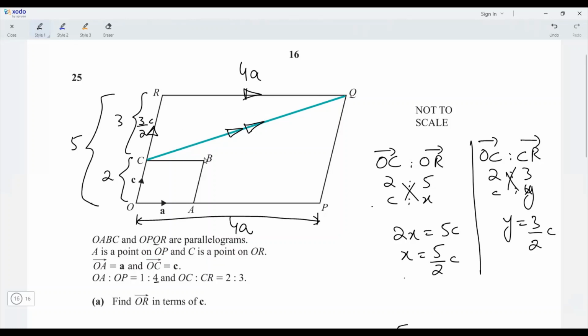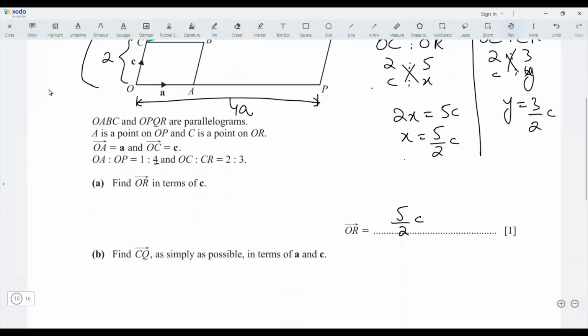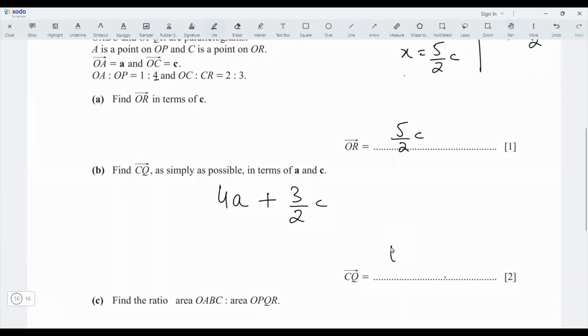Similarly, both tails are joining, tails meaning the vector CR is also taken as positive. So we can write down 4A plus 3 over 2 C. This is the answer of the CQ vector.